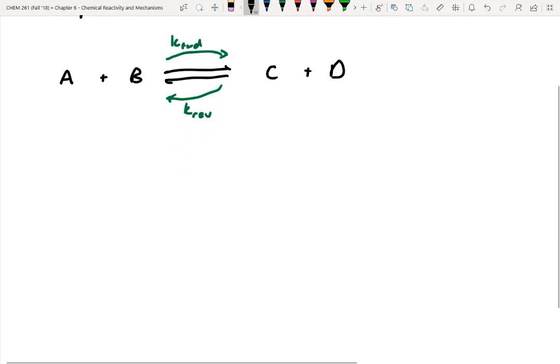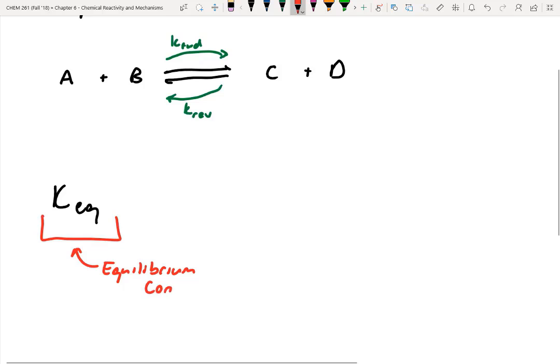All right, we can also give a constant to this. This is our equilibrium constant. And so this already has temperature factored into it. And how do we express an equilibrium constant for this reaction that I've shown you?